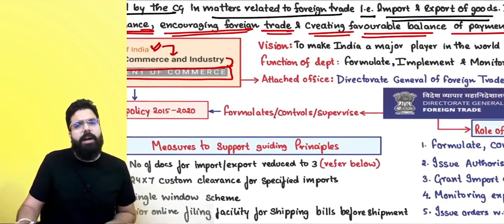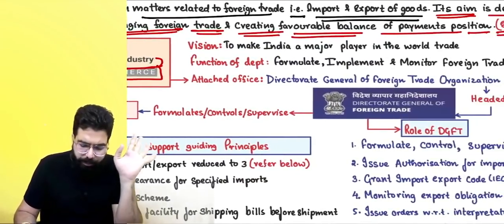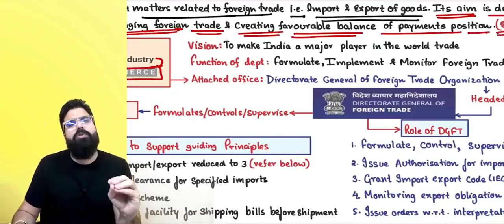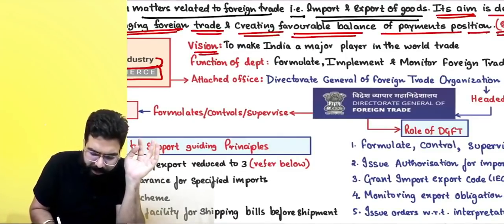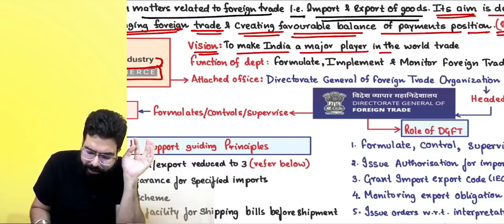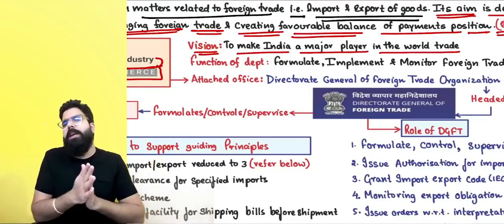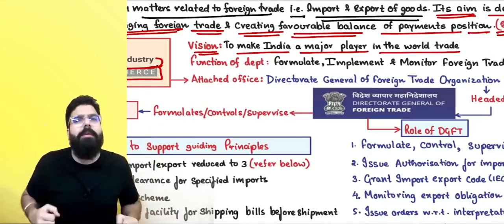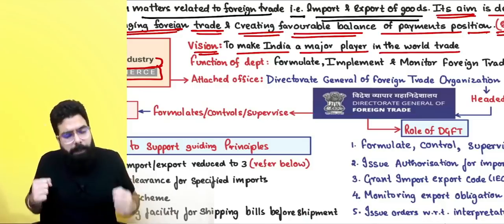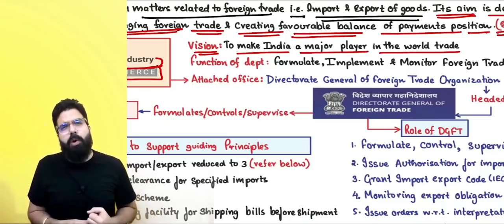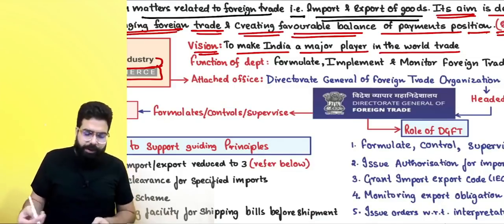The main vision of the Department of Commerce is that India should become a major player in world trade. It means that in the whole world trade, if 100 billion of trade is happening, India should have a major stake, saying India has done a lot of exports. So that is the vision.